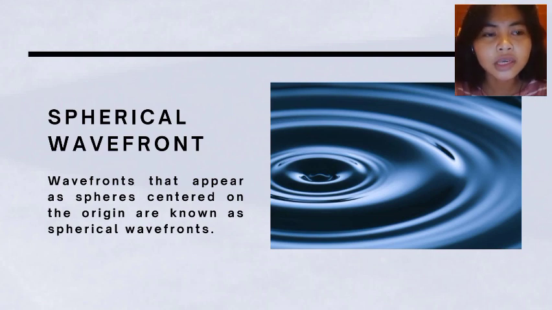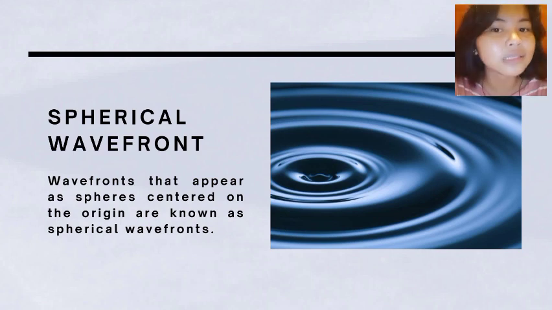As you can see, it is water ripples. A water droplet is dropped into the water, there is a center of origin, and then there are succeeding waves. How can the movement of the ripples of water be considered a spherical wavefront?